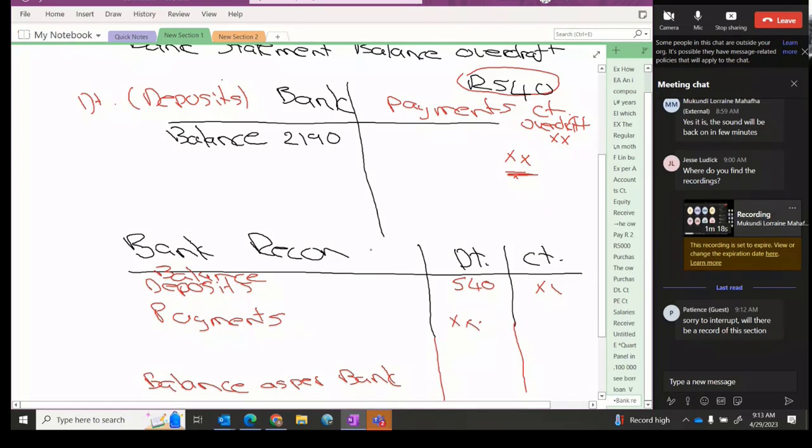Then if you have a positive balance here, then you're also going to have a positive balance here. So that's the only thing that's not going to be opposite. All the other calculations that you have to do, put it on the debit or the credit side, is going to work opposite.